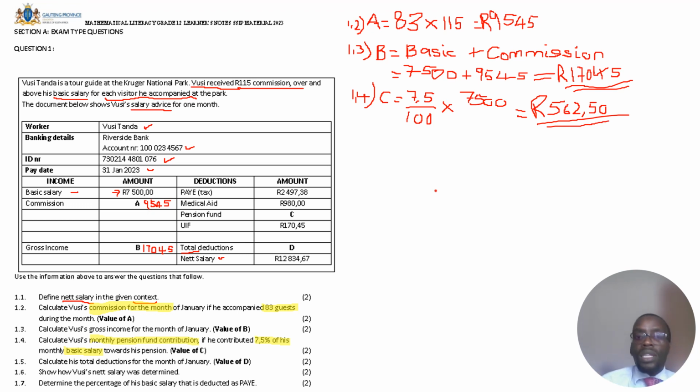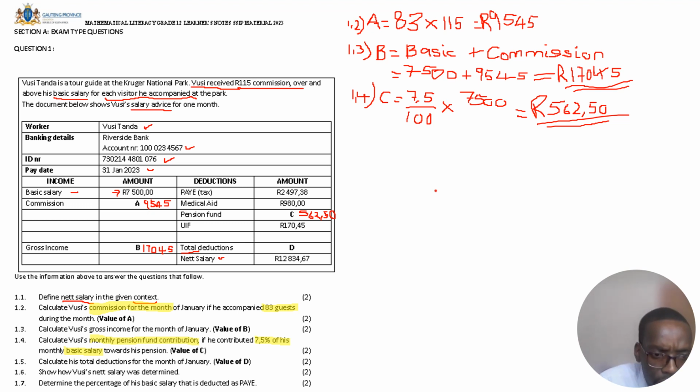Okay, so this is the amount that is the value for C. I'll just come and fill it in. 562.50, like that. Okay, 562.50 cents. Okay, that's the value for C.